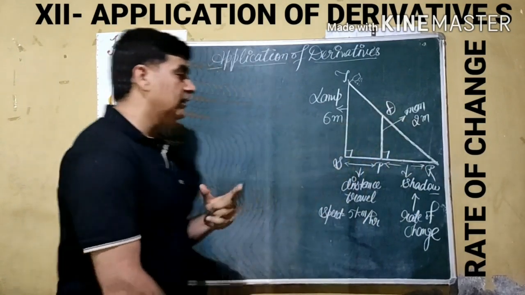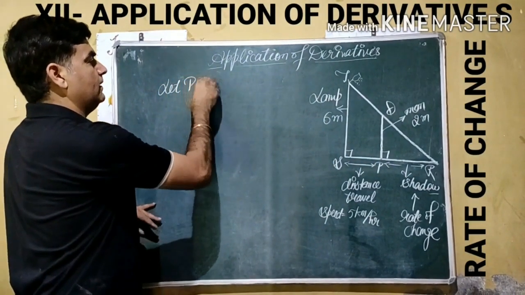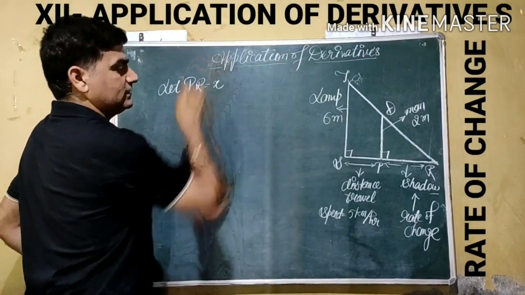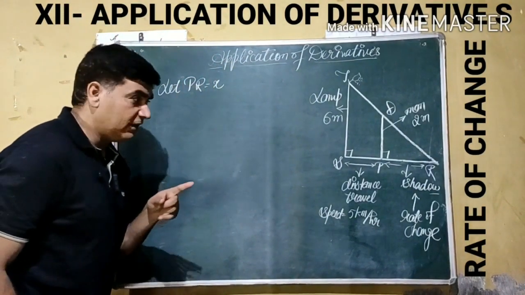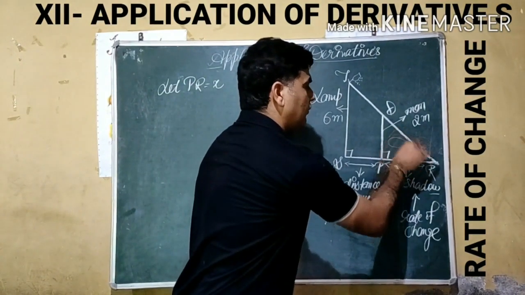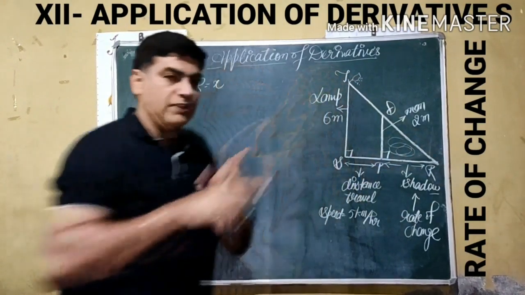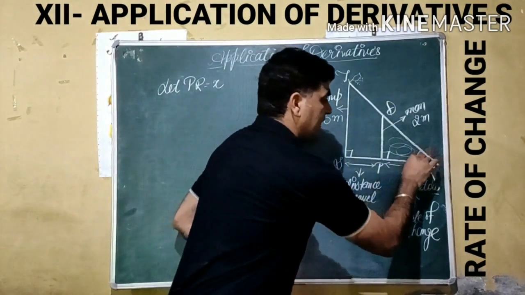We are giving here let PR is given by X. We are not giving here indication of unit. If you see here, there are two triangles. One of them is small one, this one. Other one is the bigger one. If you see these two triangles here, this angle is the common one.